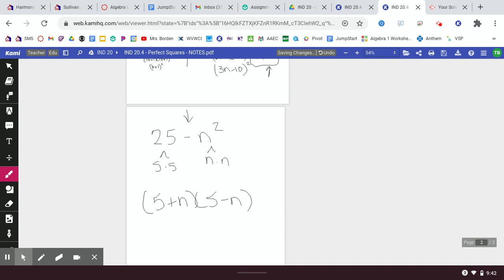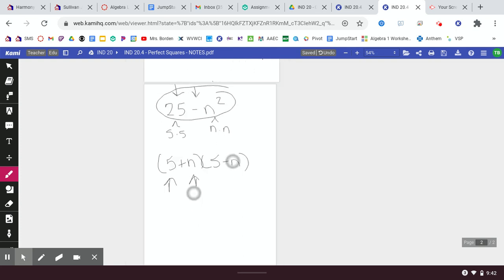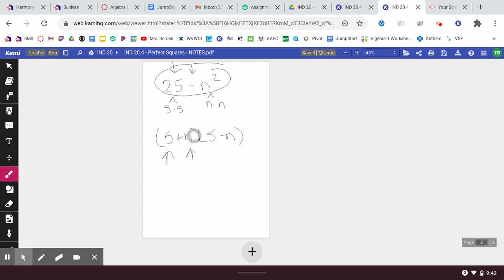So if your original problem puts the number first and then the letter, just put the number first and then the letter in your brackets. Khan Academy throws this at you. So if you have 49 minus p squared, 49 is 7 and 7. P squared is p and p. So it would be 7 plus p, 7 minus p.